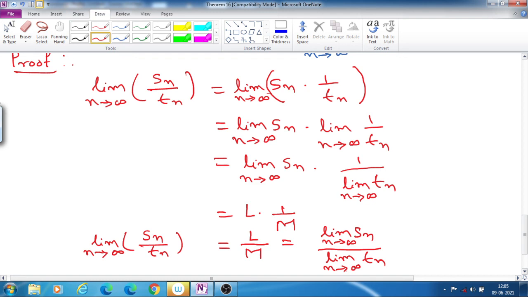So we use here the previous theorem of the product of two limits, and we write Sn upon Tn as Sn into 1 upon Tn, and we separate the limits over the product and substitute the limit of Sn as L and limit of Tn as M, and we get the result.